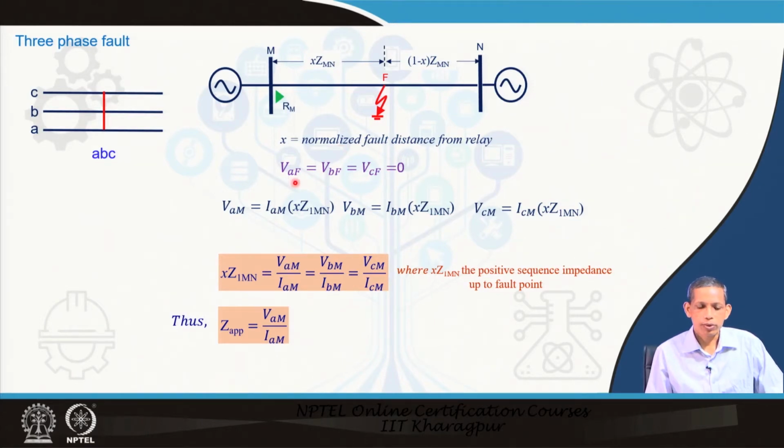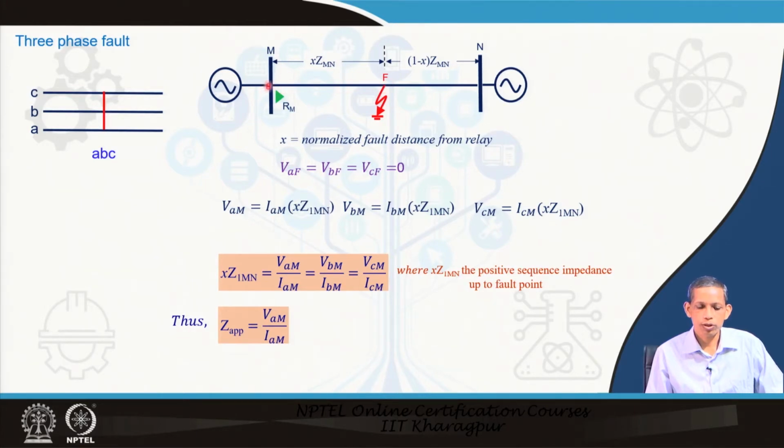Now, for a 3-phase fault, we know at the fault point, this point F, the 3-phase voltages become 0. So, therefore, VAF equals VBF equals VCF equals 0 voltage. With this relation, for a 3-phase fault we can write Vm equals Im into this impedance, because this point voltage is 0.